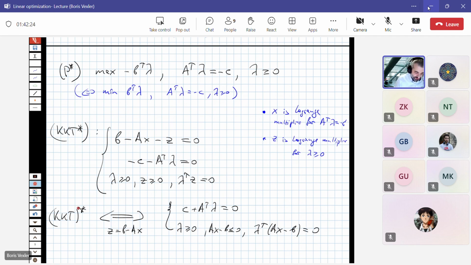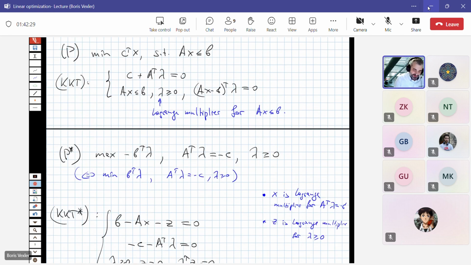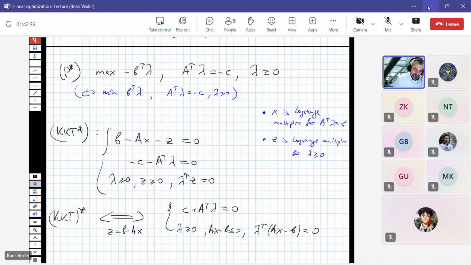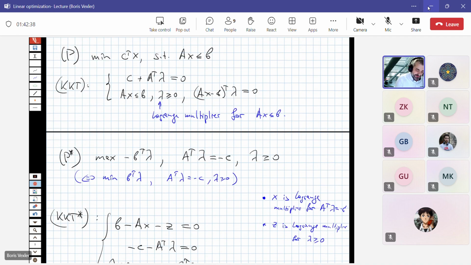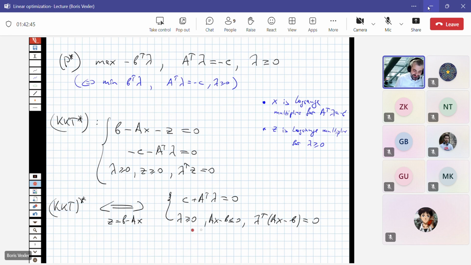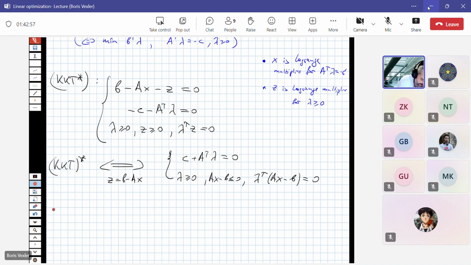Now if you look at this and at this, you see no difference. In this sense, you see that this KKT and this KKT star are the same. This is an interesting fact. If we do it very precisely, we can say the following.